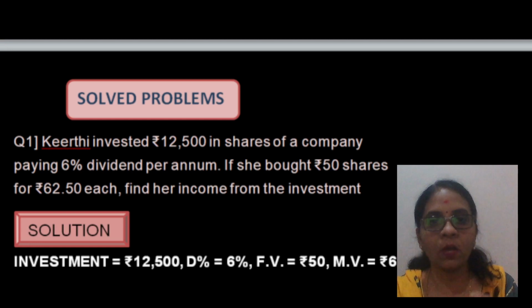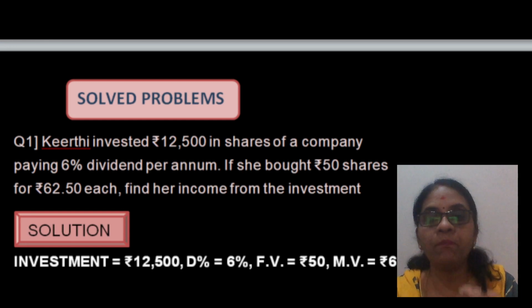What is this 12,500? 12,500 is the investment, paying 6% dividend. D percent is 6%. If she bought rupees 50 shares for rupees 62.50, which means the face value is 50, market value is 62.50, find her income from the investment.